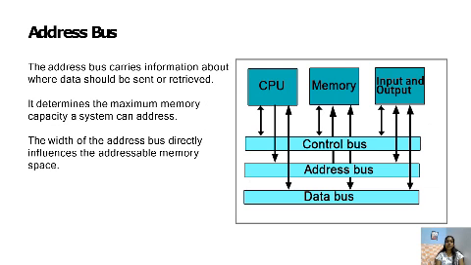And the next one is the address bus. The address bus carries information about where data should be sent or retrieved. It also determines the maximum memory capacity a system can address. The width of the address bus directly influences the addressable memory space.